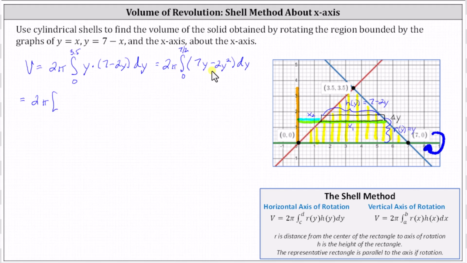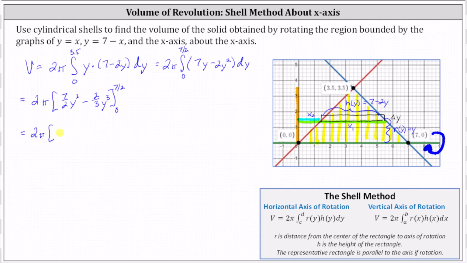Integrating 7y minus 2y squared, we have 7 times y squared divided by 2, or 7 halves y squared, minus 2 times y cubed divided by 3, or minus 2/3 y cubed. Next, we determine the product of 2 pi and the difference of big F of 7 halves and big F of 0.